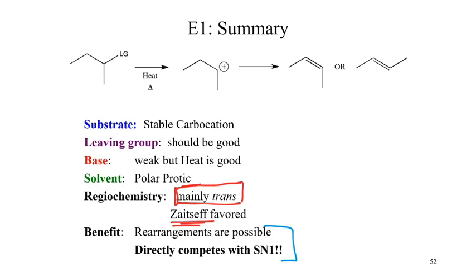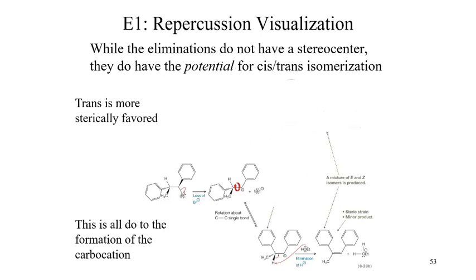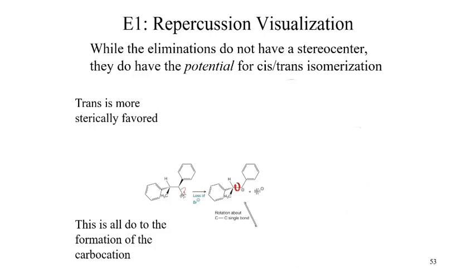Okay, so let's go through and take a look at regiochemistry, your trans products. This is going to explode in complexity, so if you give me a second, I will try and erase stuff to simplify this down. But what we're talking about is that when we run the elimination, we have two possible products that could come out of it. We get the trans or the cis isomers.